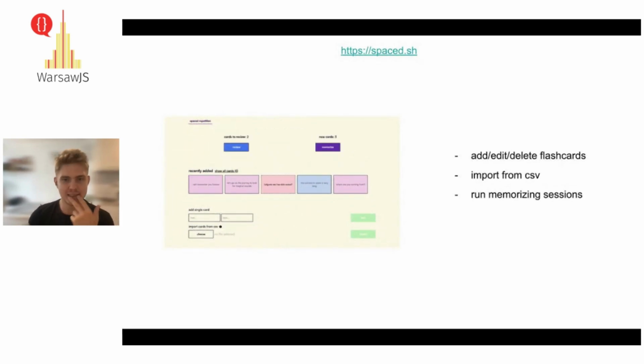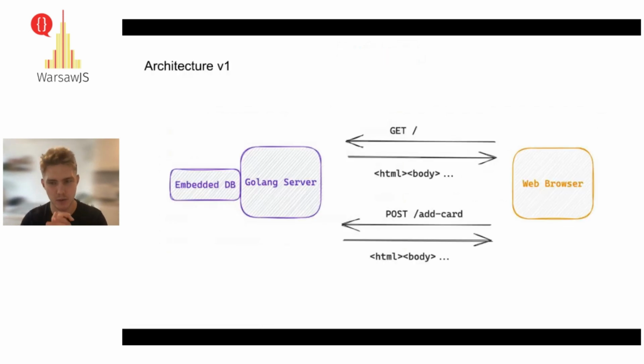When I started working on that, the architecture was quite simple. I started with a Golang server, so an old school server-side rendered application like you would make in PHP 20 years ago.